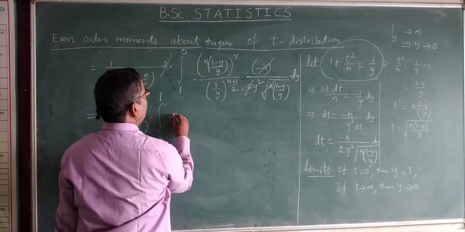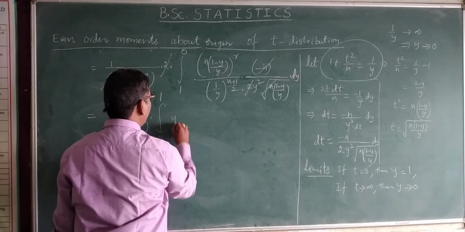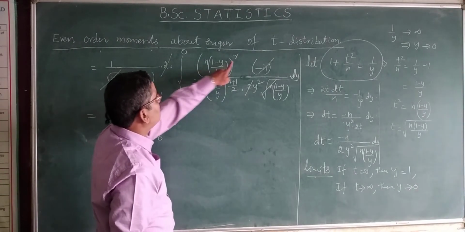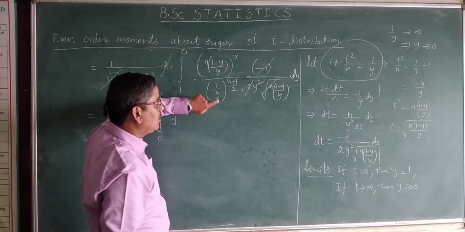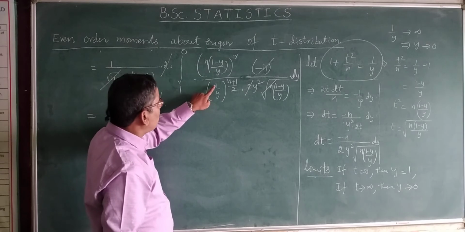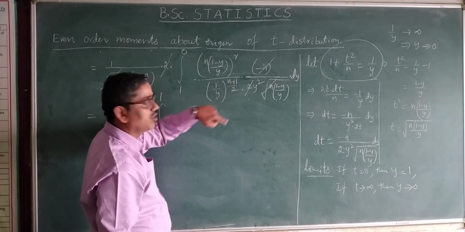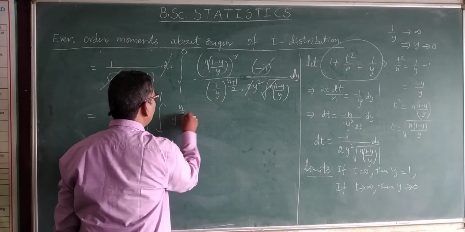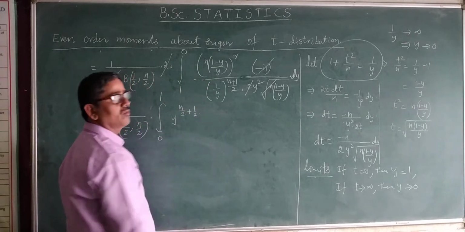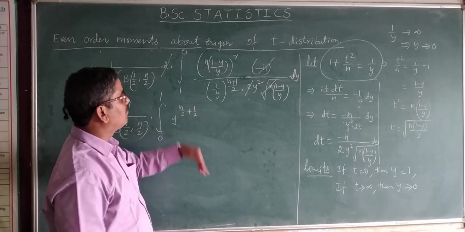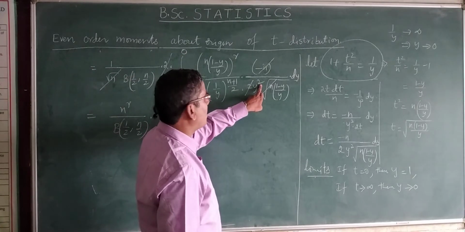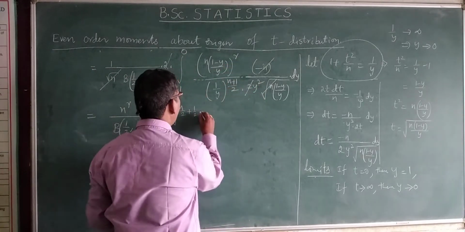Right? So now I am considering the terms of y. The terms of y power minus r. Here we have 1 by y power n plus 1 by 2; if you take the numerator, it will be minus n by 2 plus 1 by 2. Here we have y square; if you take the numerator, it will be minus 2.